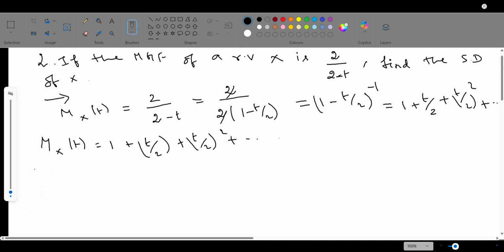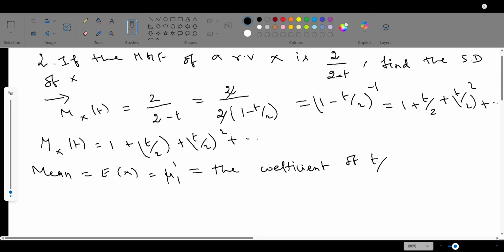Now we can write its mean value, E of x. In terms of moments, we can say this is mu1 dash. Actually, the relation between mu1 dash and M x of t we studied already: the coefficient of t by 1 factorial in M x of t.